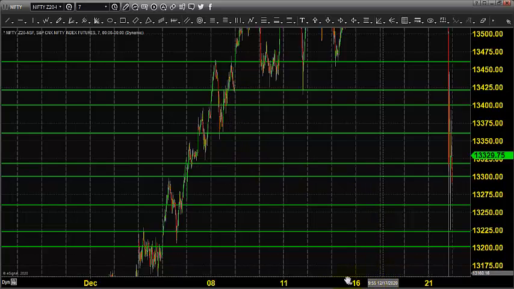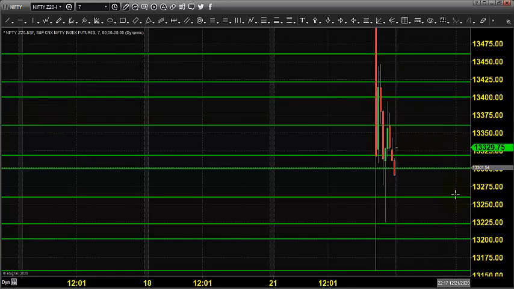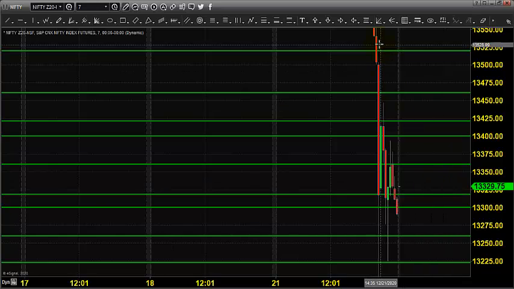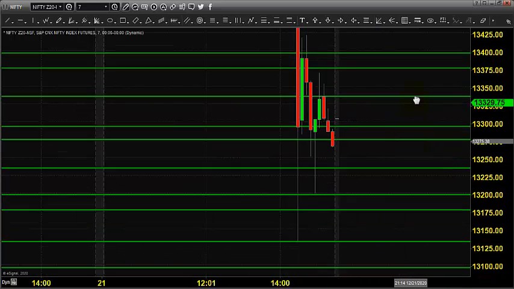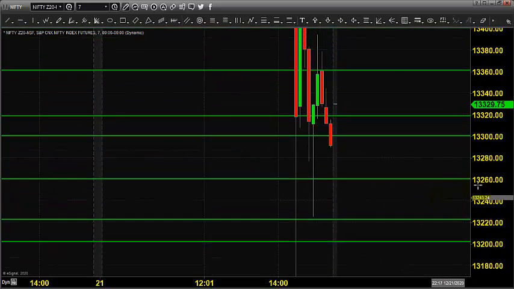What I feel is, if you ask whether the price can continue selling, of course it will find some resistance on top, given the fact that you had a very big selling yesterday, and also there will be some profit booking, because 13,260, 13,200, these are all very major zones.